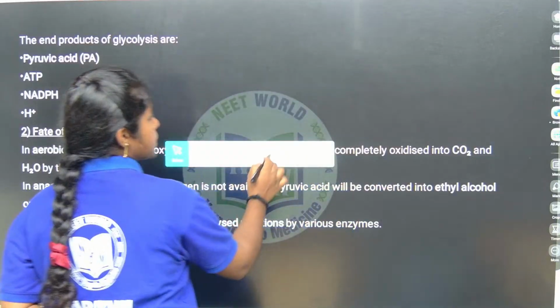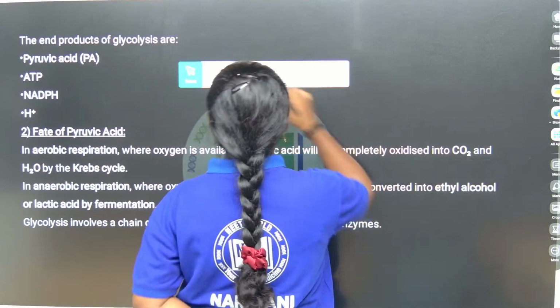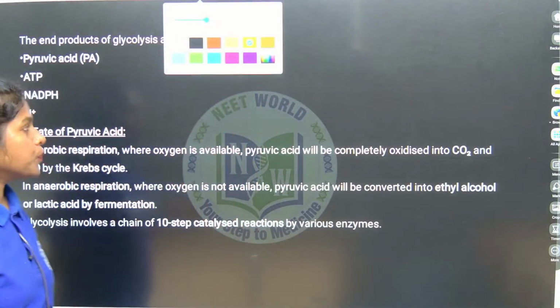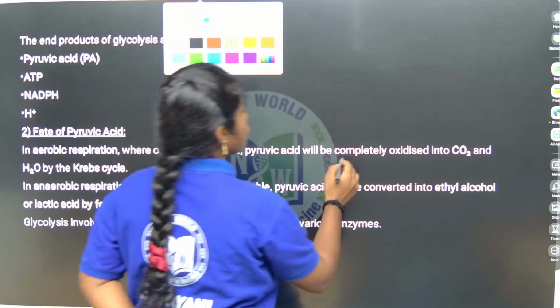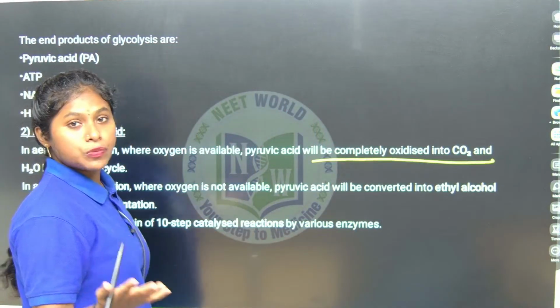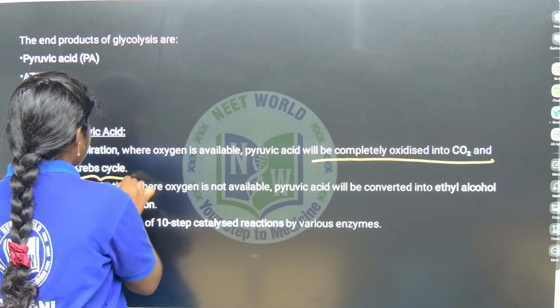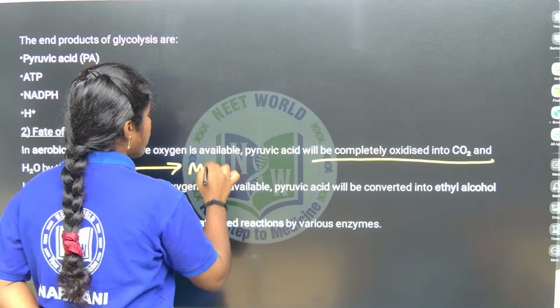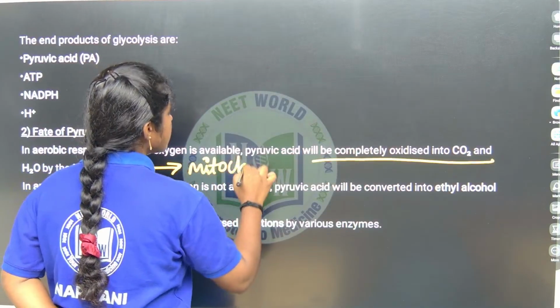Where does the Krebs cycle happen? The locations are very important for the exam, right? So the pyruvate is completely oxidized in the Krebs cycle, in the organelle called mitochondria, right?